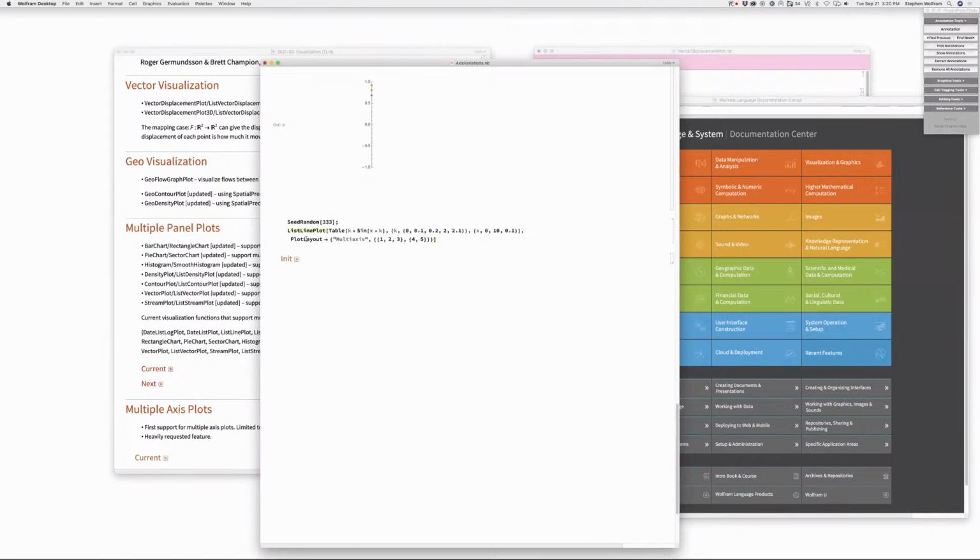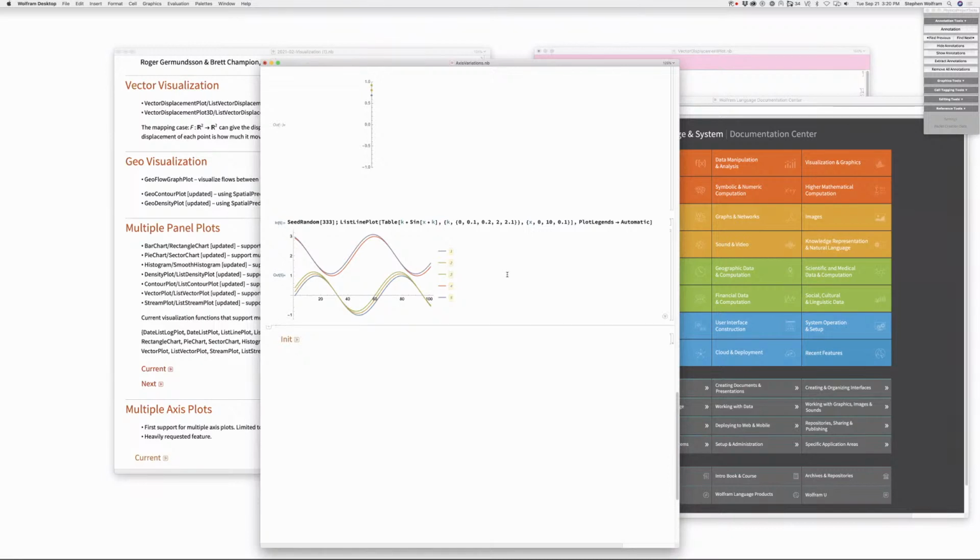What are those ugly things? Those are placeholders you can edit, because we don't have any other names.